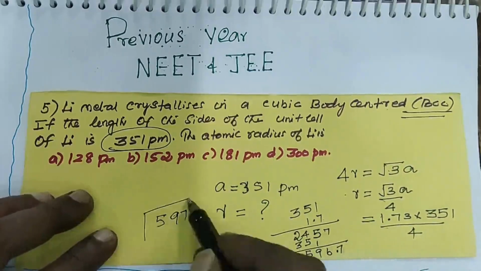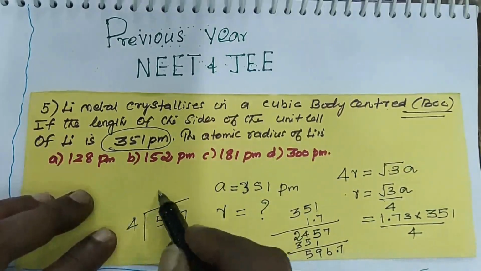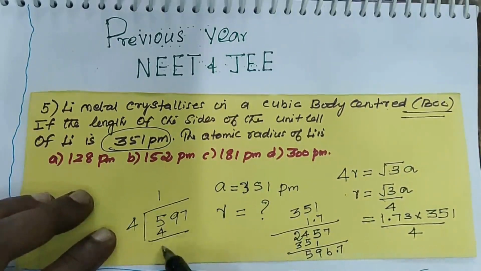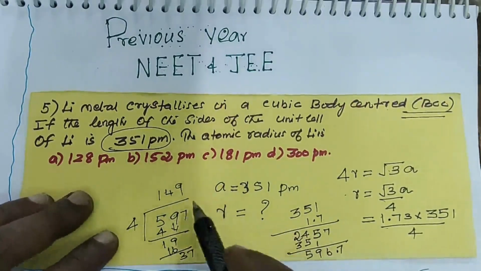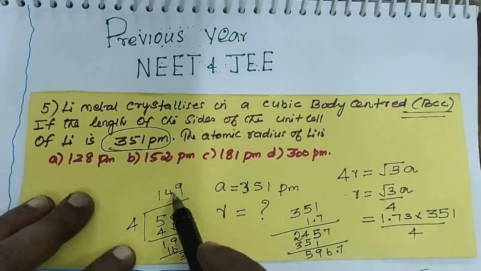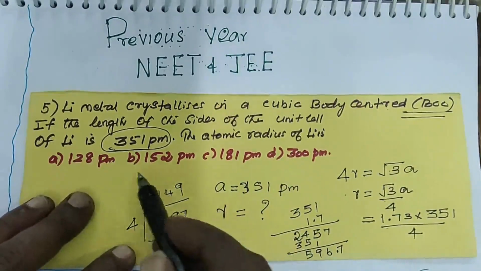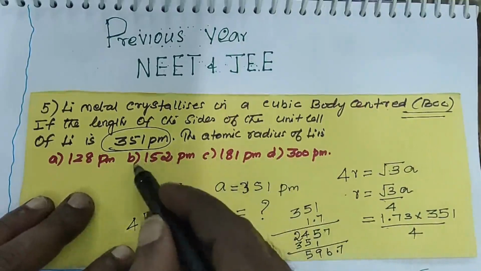Divided by 4 gives about 149. Take the nearest number, around the number 152.